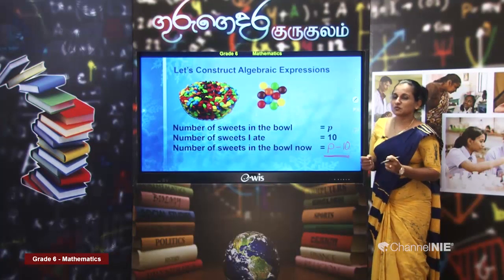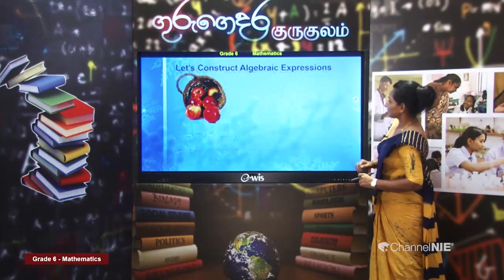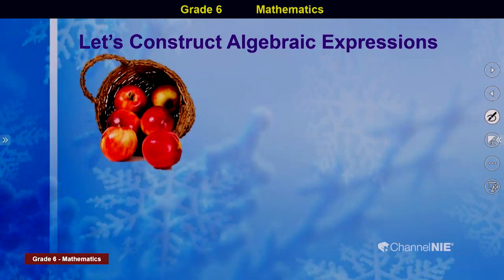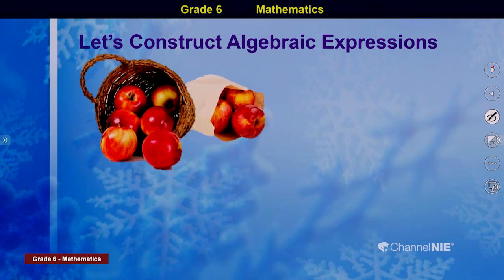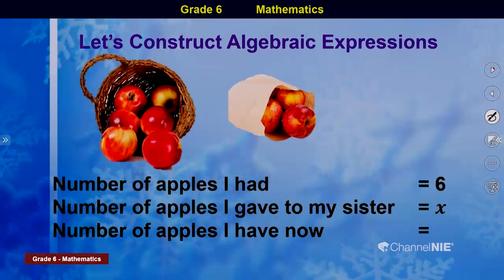Let's move to another example. I have 6 apples with me. I give some apples to my sister. Now, I want to construct an algebraic expression for the remaining number of apples I have. The number of apples I had is 6.